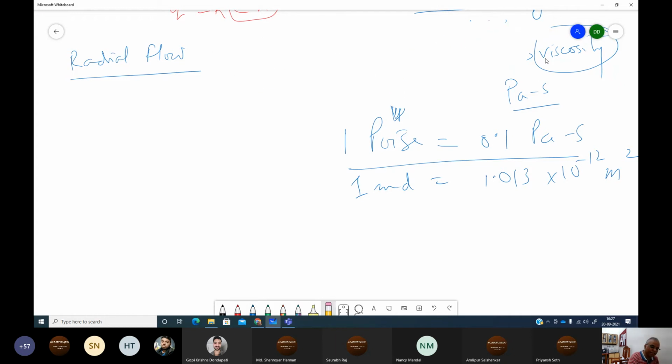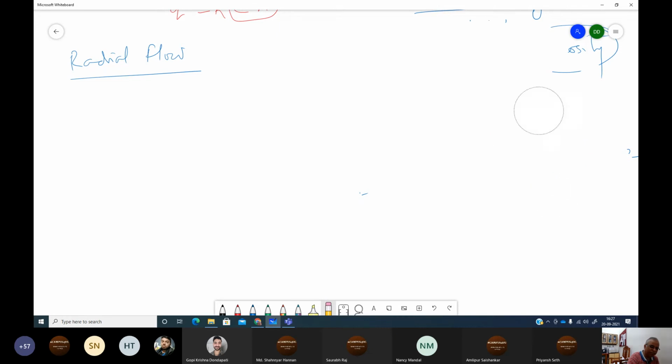Now I go to radial flow, and why radial flow is important for mining. Probably only in a shaft or tunnel it is important, but in petroleum it is basically all radial flow, not linear flow. Why am I saying this? Let's say we have a reservoir like this.